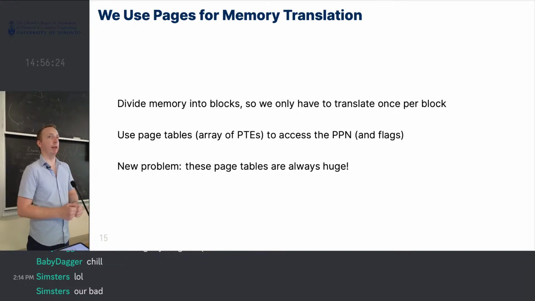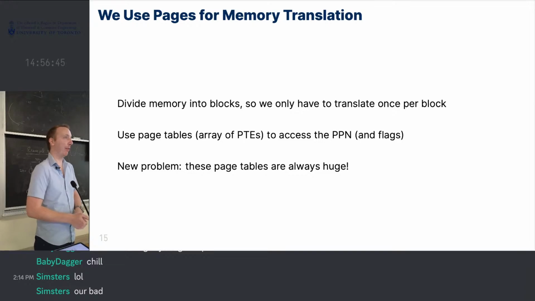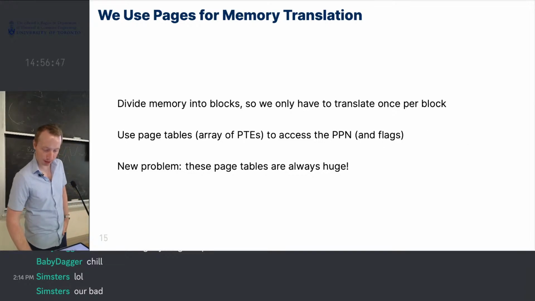But now we have a new problem to tackle in the next lecture, that these page tables are huge, 1 gigabyte. Could you imagine you have 16 gigs of RAM, 16 processes open, and then all your memory is used for page tables, and you're not allowed to use any memory for your actual programs? Yeah, that would suck. Obviously, that is not how things work, and we will figure that out in the next lecture. So just remember, pulling for you, we're all in this together.